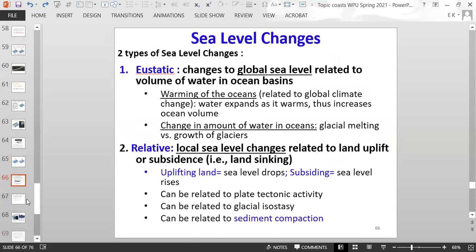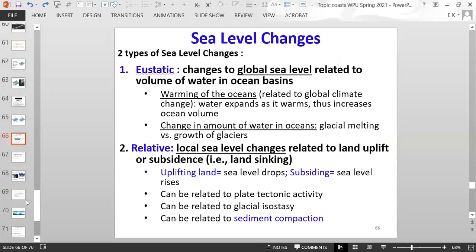So now we're going to talk about sea level changes. There are two types of sea level change: eustatic and relative. Eustatic is referring to changes in global sea level. That's related to the amount of water in ocean basins, or the volume. Global sea level change is related to warming of the oceans and a change in the amount of water in the oceans.